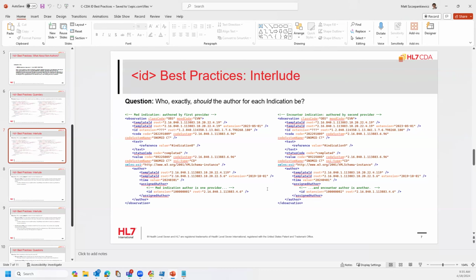Well, that's part of what I'm saying: in my mind, the indication and the condition are completely different CDA elements, like you parse them differently, and therefore they should have different IDs anyway. So I don't think they ought to have any bearing on each other at all, such that whether or not there's a condition that matches this indication shouldn't really matter.